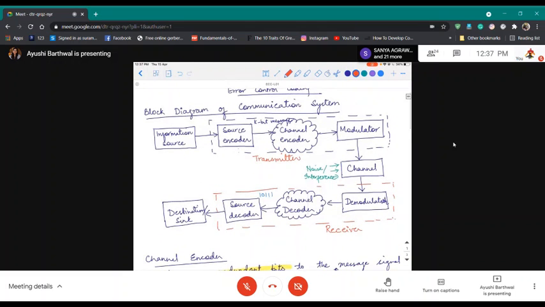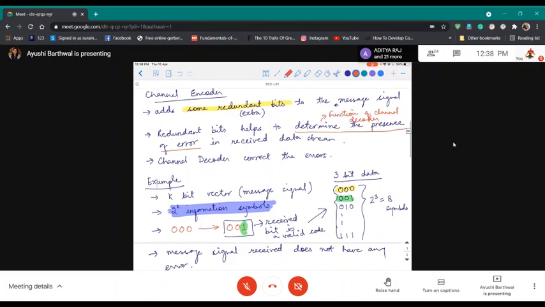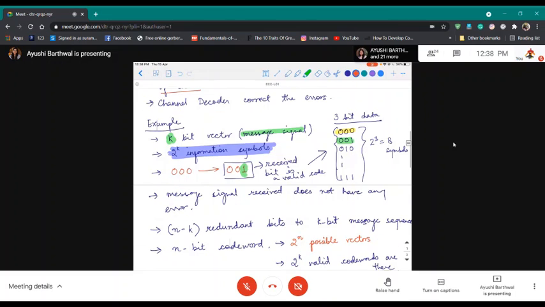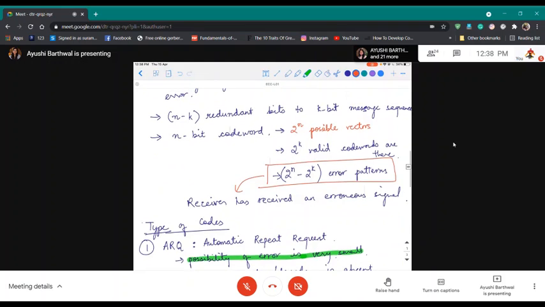One of the code words for a 5-bit message can be 1, 0, 1, 0, 1, or it can be 1, 1, 0, 0, 1, depending upon the type of source encoding you are using. So these are the k-bit messages that your source encoder has generated. So this is the information message, information data, right? So this k is your message signal, and n is the total code word length.